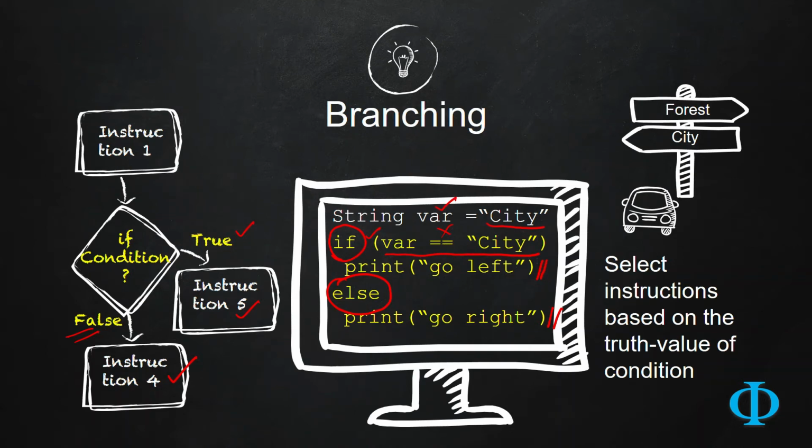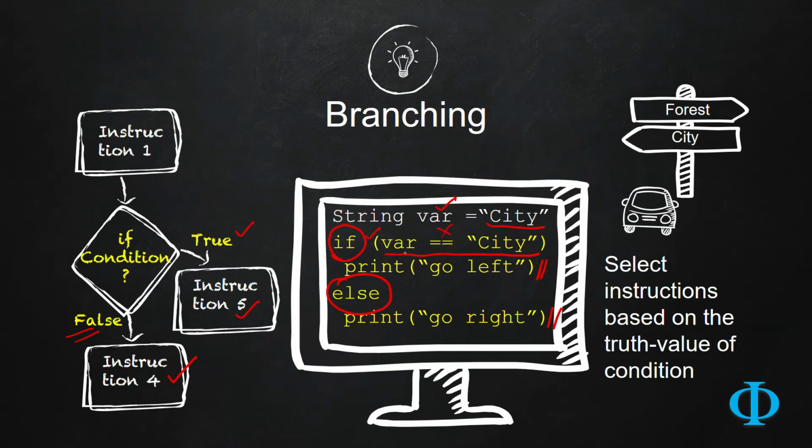Then what I have done is I have checked if var equals city. You all know what is the meaning of this double equals. It basically checks whether the value inside the variable is equal to city or not.